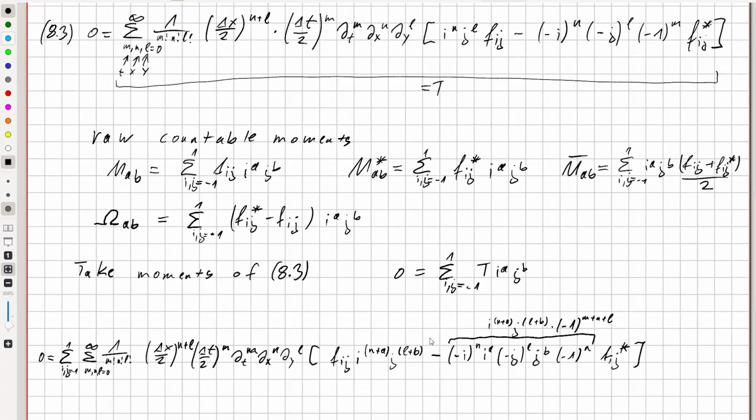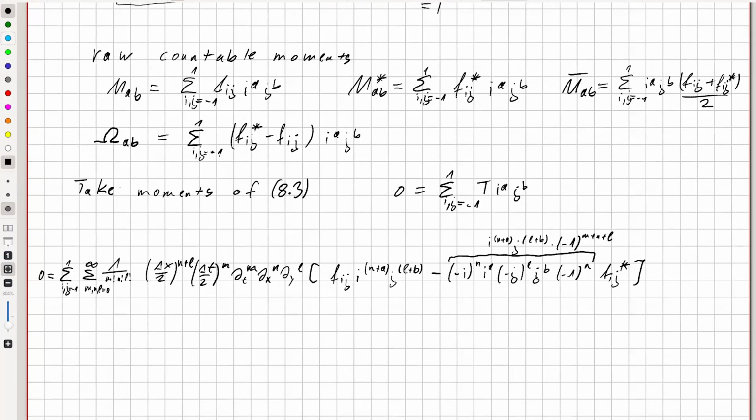So whenever we have a sum of these moments, they obviously turn into M_ab overbar, and whenever we have a difference, they turn into this omega, right? So we can now rewrite this completely in terms of moments, and we call this equation now 8.4.